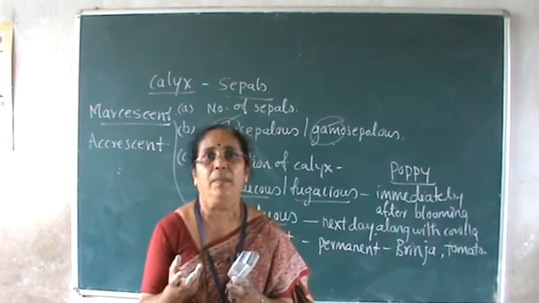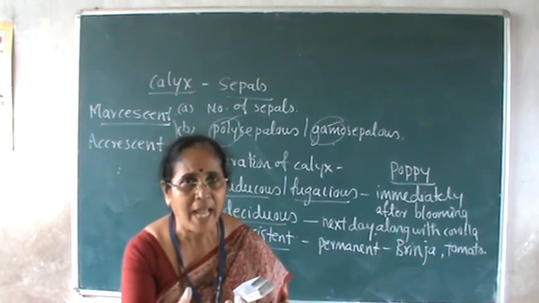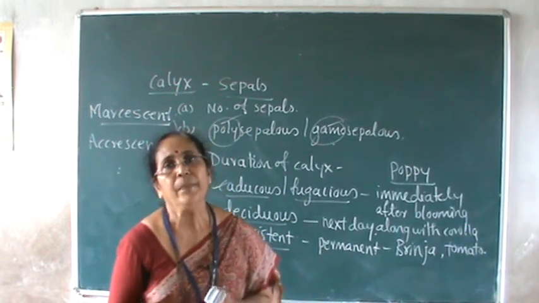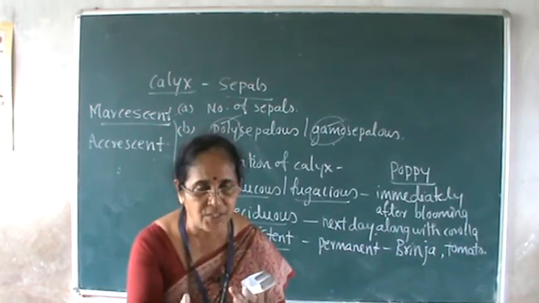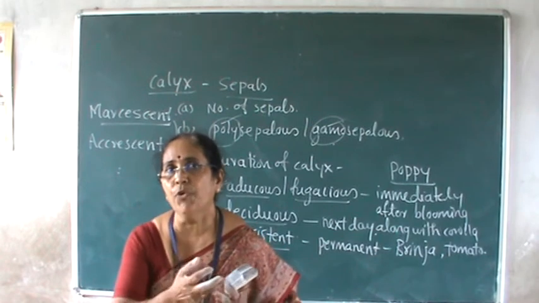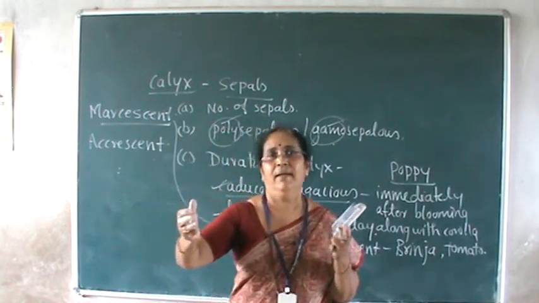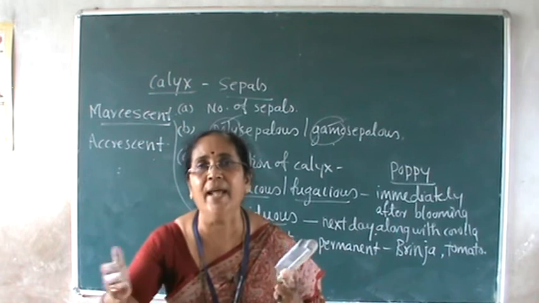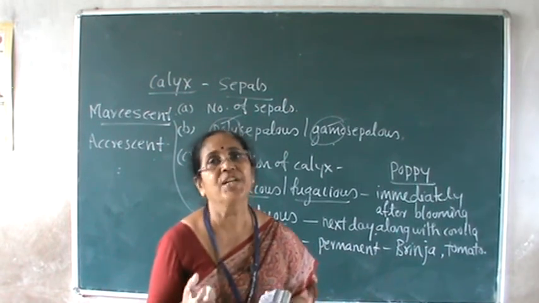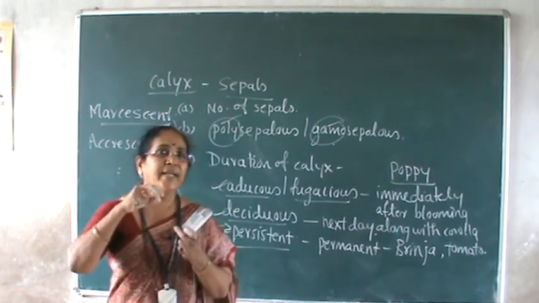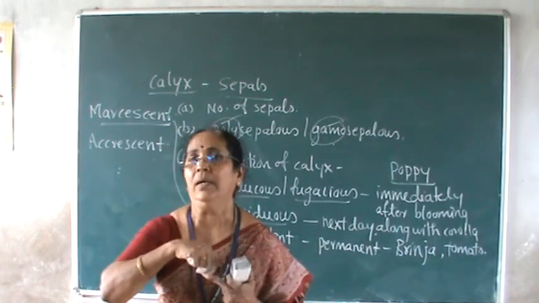Guava is a good example. In the beginning, a very healthy calyx will be there. As the fruit enlarges and proceeds towards ripening, during the entire course the calyx gradually shrinks and shrivels, so that you get a dried calyx on the top of the guava.